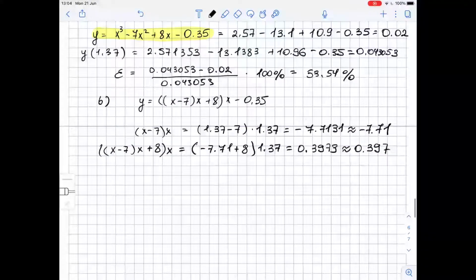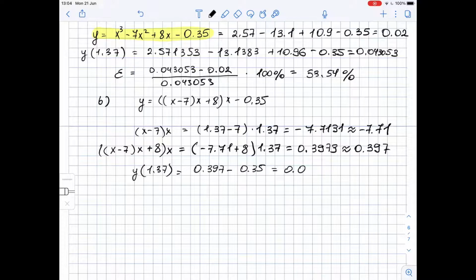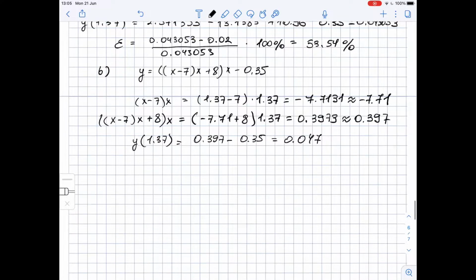Well, now we need to subtract 0.35 from 0.397. So we get that y of 1.37 equals 0.397 minus 0.35, and this equals 0.047.